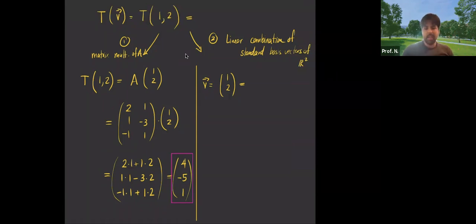Okay, good. Thank you. So I'm asking, how can I rewrite the vector (1, 2) in terms of E1 and E2? This should be a simple task.